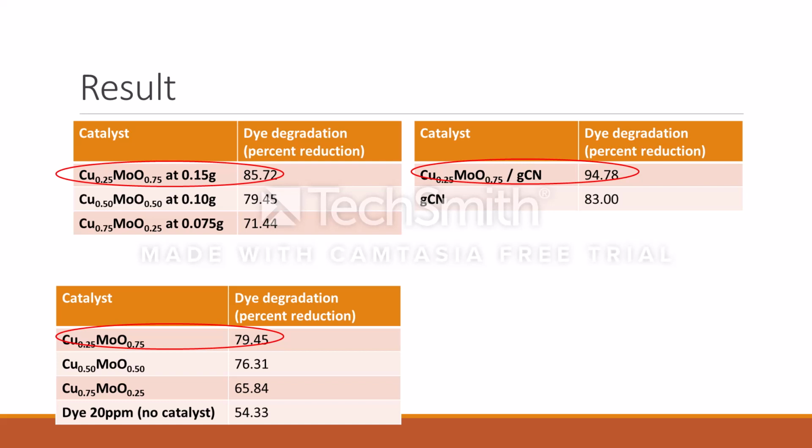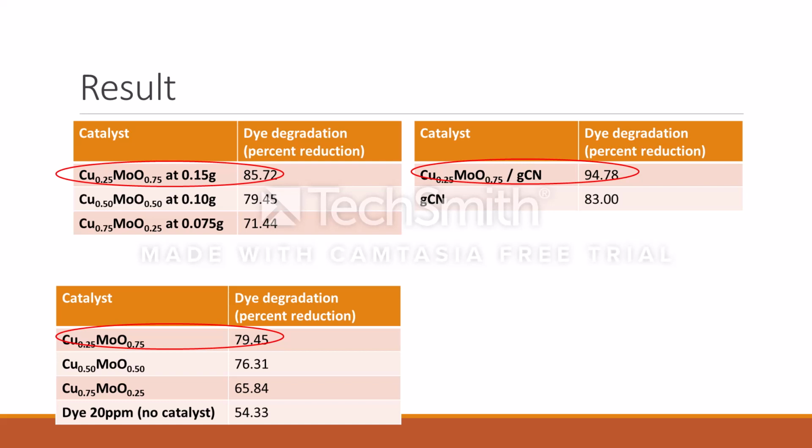The table below is where we vary the catalyst composition. So we can see that with only dye and no catalyst, the percent reduction is 54, but when we add the copper molecule with composition 0.25, 0.75, the percent reduction increases up to 79.4%.